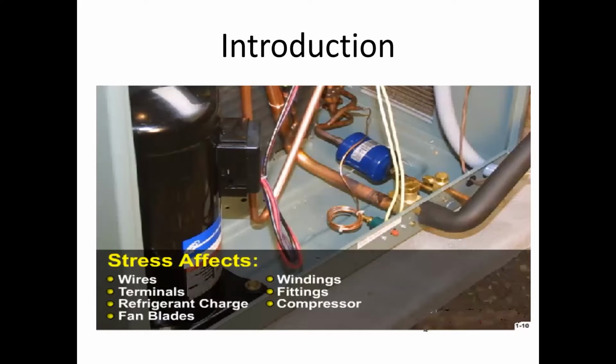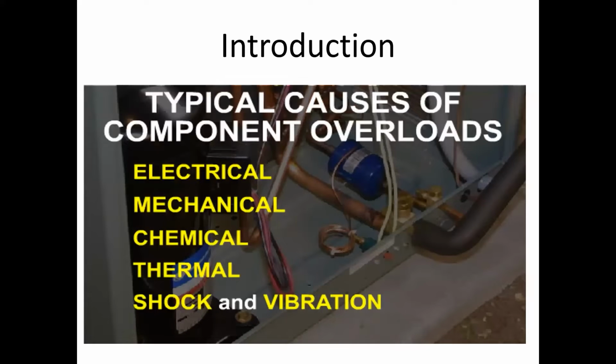And that stress can be contributed to by a lot of things, right? Wiring, wire terminals, wire nuts, the refrigerant charge, fan blades, windings, fittings, compressors, anything that is a part, right? Because a system is just a sum of all of its parts, right? So anything in that system can be stressed, and if it's overstressed, it can fail.